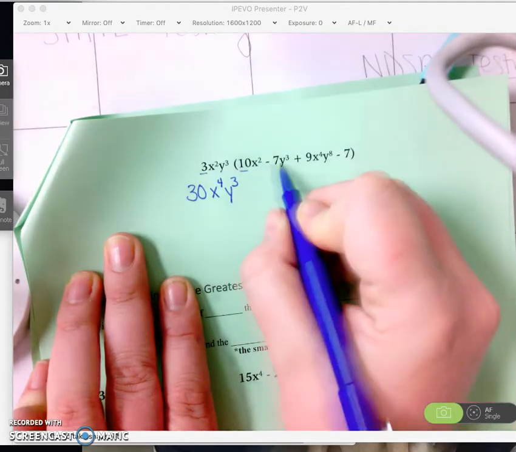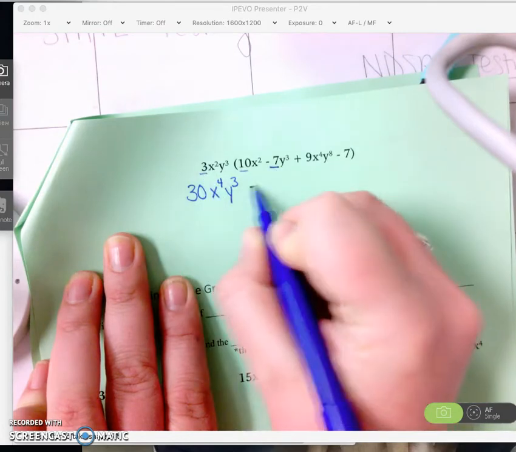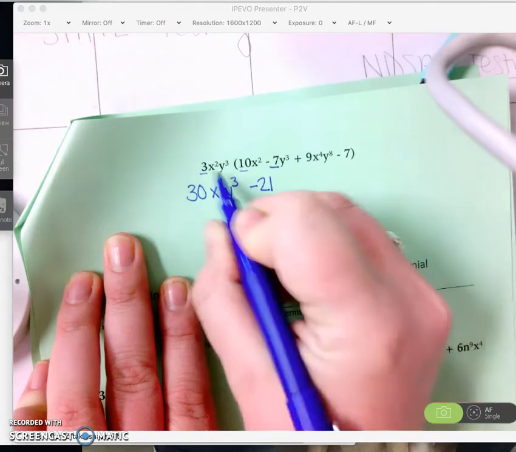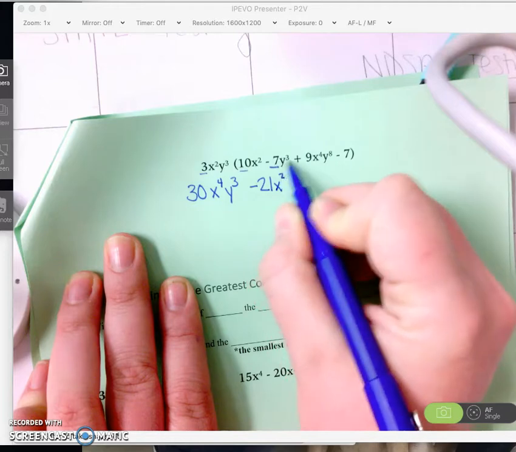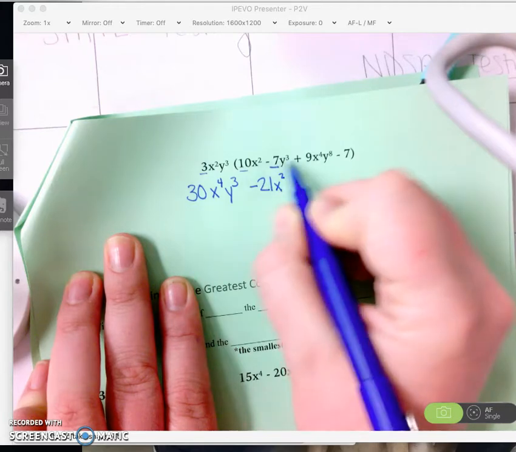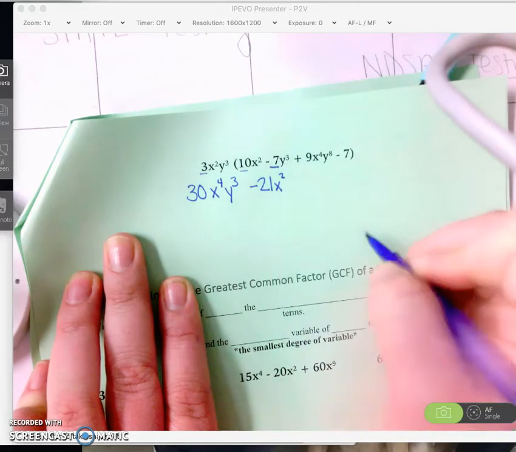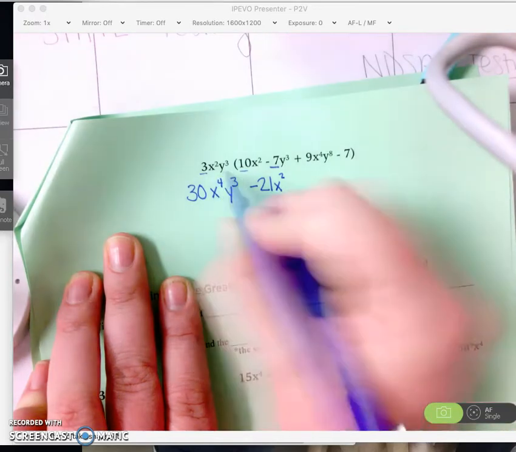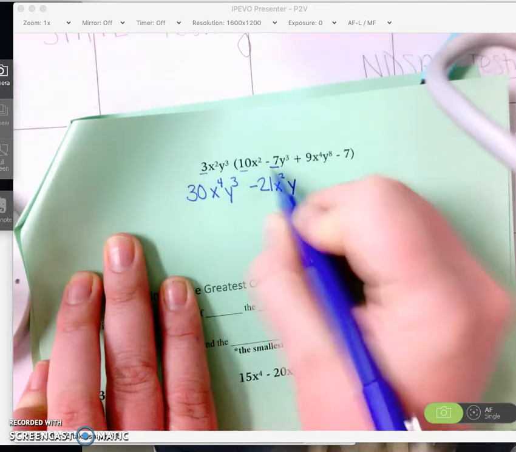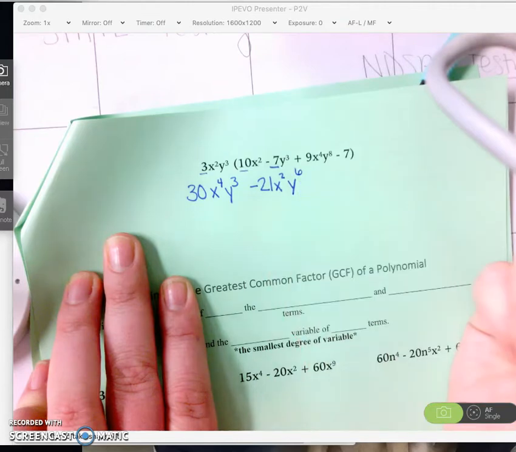Okay, negative 7 times 3 would become a negative 21, x to the second, because there's no x to the second to multiply, and then y to the third times y to the third becomes y to the sixth.